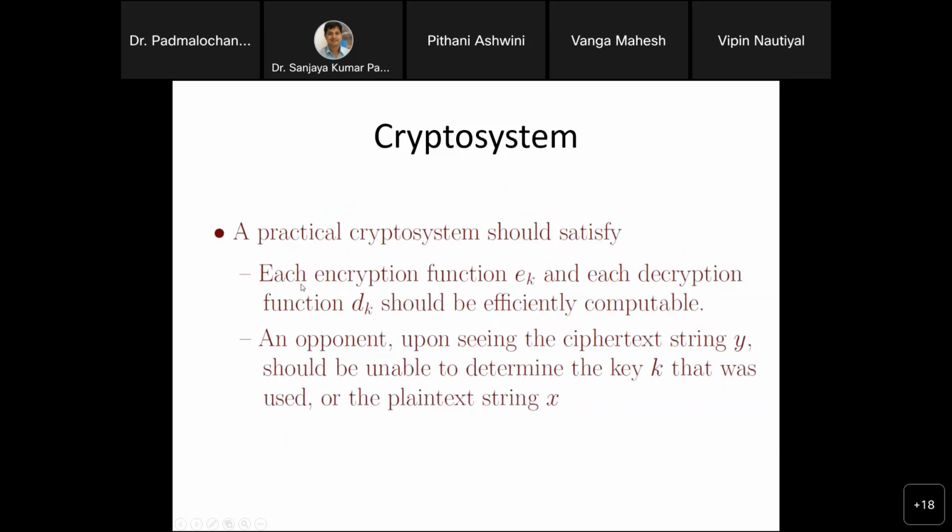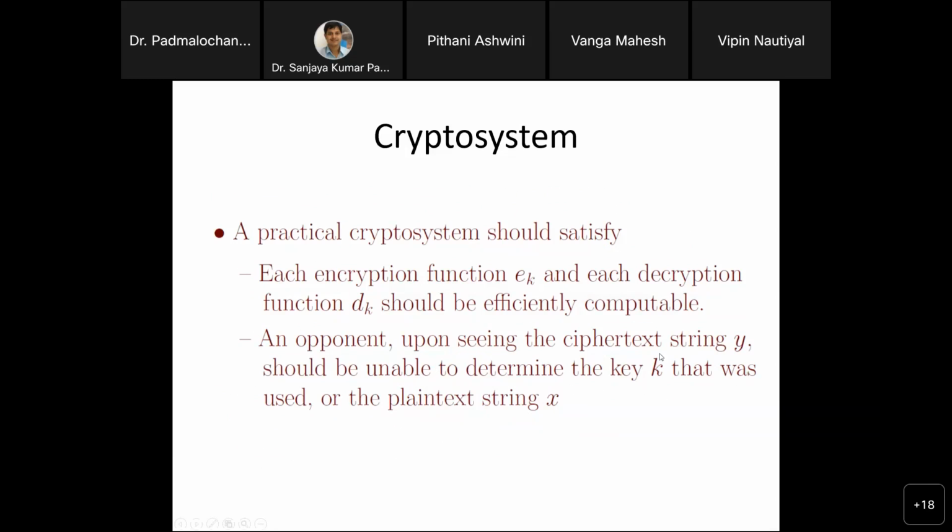A practical crypto system should satisfy that each encryption function ek and each decryption function dk should be efficiently computable, so you are able to efficiently compute the ciphertext and the plaintext, knowing the algorithms and the key.